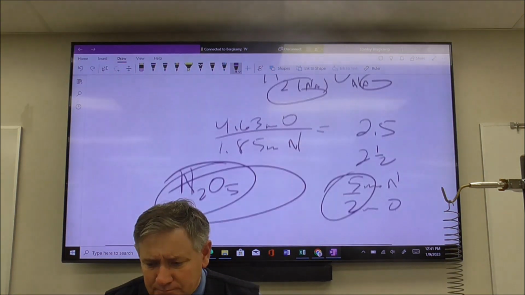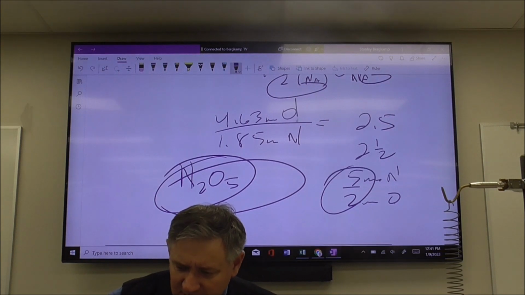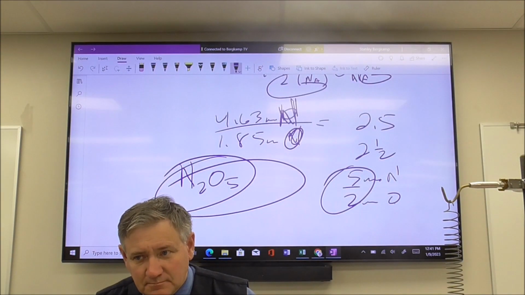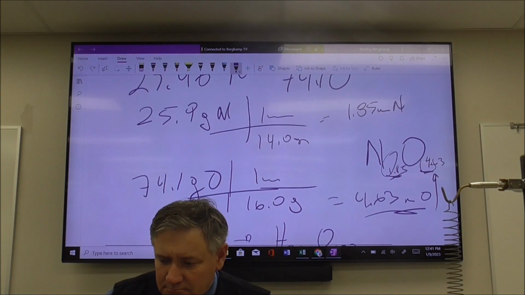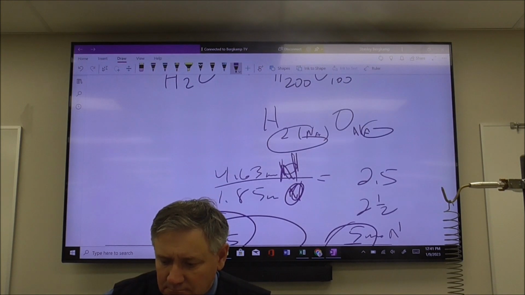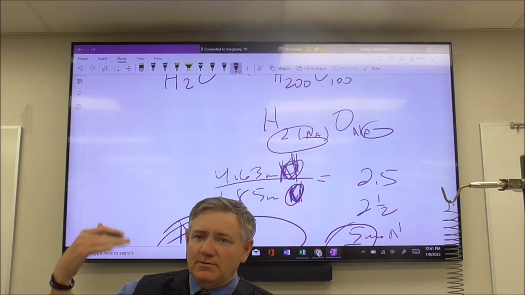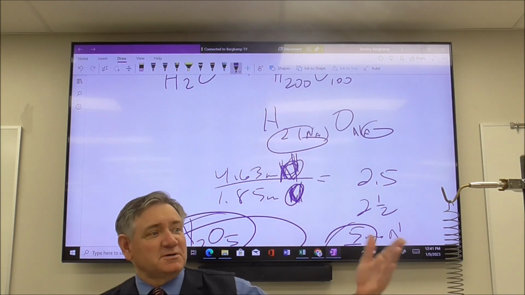Oh, that was supposed to be on top. That should be nitrogen, and that should be oxygen. It should be oxygen over nitrogen. 1.85 is nitrogen.